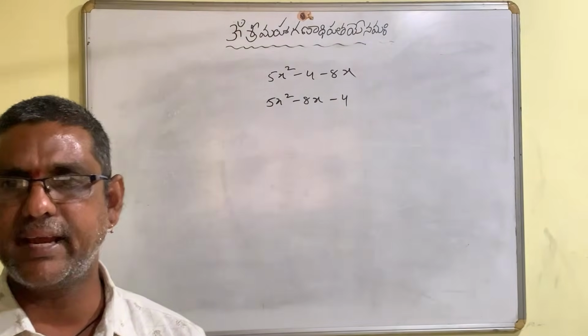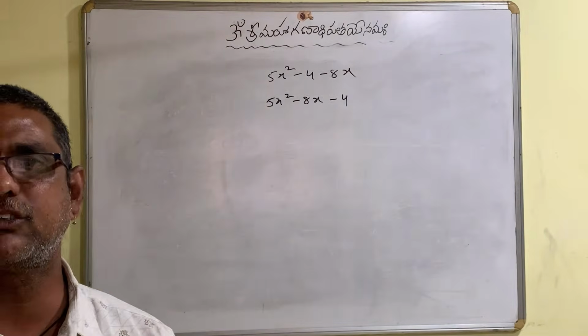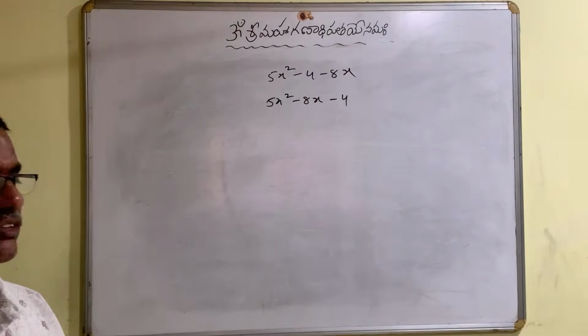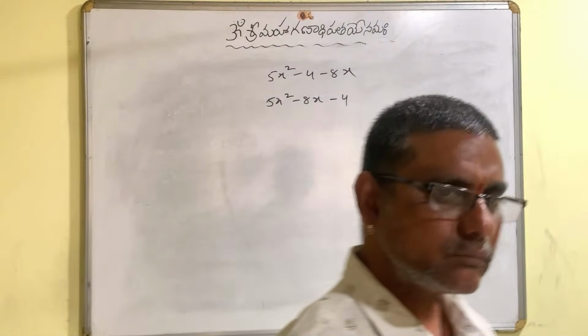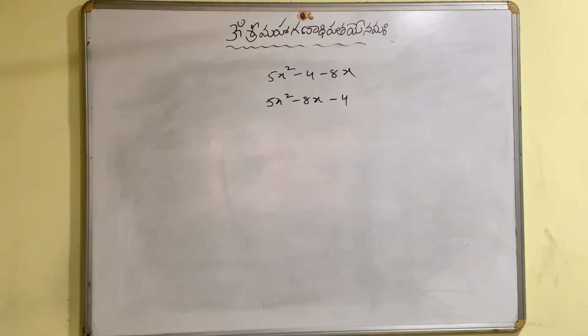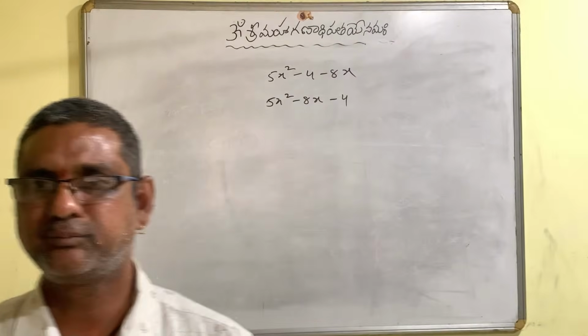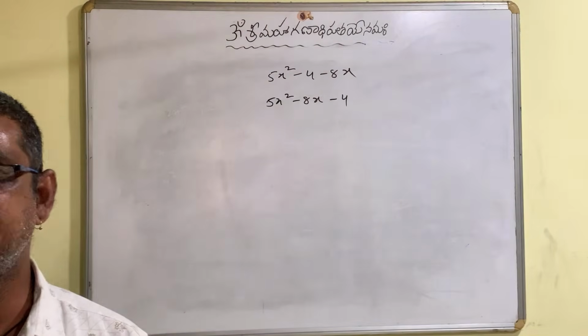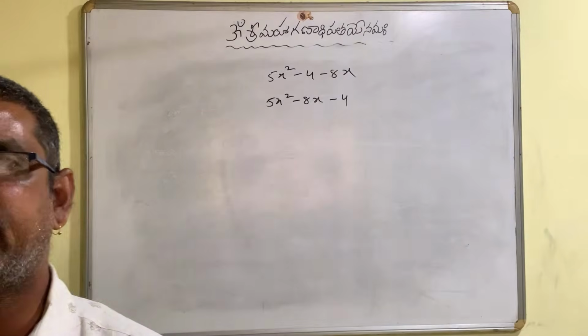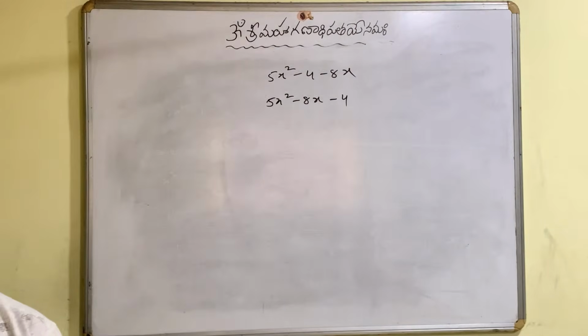Now find the zeros, children, fast. It is not in the general form, I have just converted it into the general form: 5x square minus 8x minus 4. Now find the zeros.